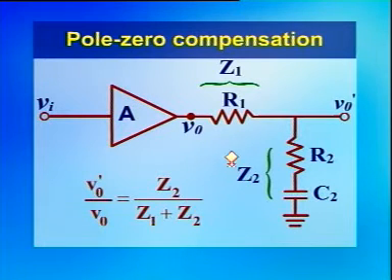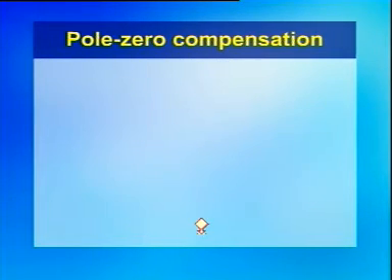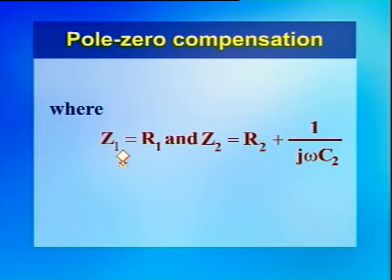The transfer function of this compensating network is given by V naught prime by V naught equal to Z2 by Z1 plus Z2, where Z1 equal to R1 and Z2 equal to R2 plus 1 by j omega C2.